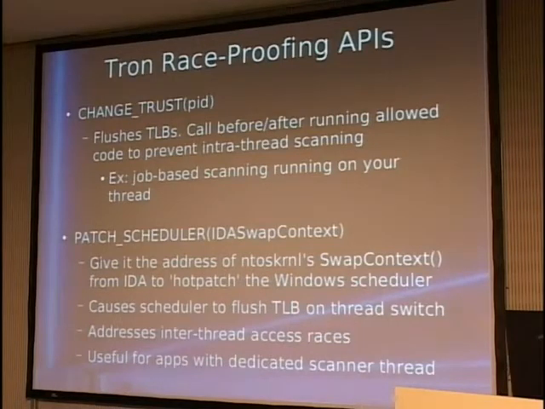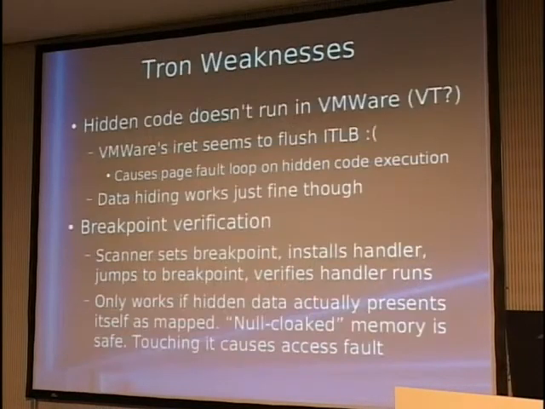We use one of the librootkit APIs that's provided to modify this to flush the TLB on every switch, whether it's a context switch or a thread switch. So therefore, your other threads will then have to incur the page fault again and prime their TLBs before they touch that memory, just to make sure that a dedicated scanner thread isn't going to be able to grab the TLB mapping and view your hidden memory.